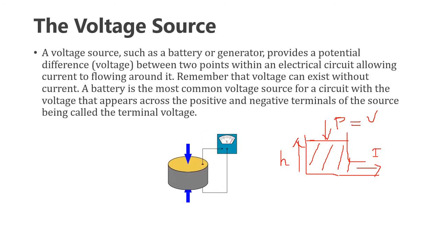For example, in a power generating station, normally in Sri Lanka, India, Pakistan, they generate voltage in the range of 10.5 kV to 20 kV.